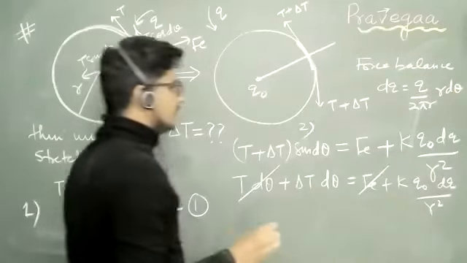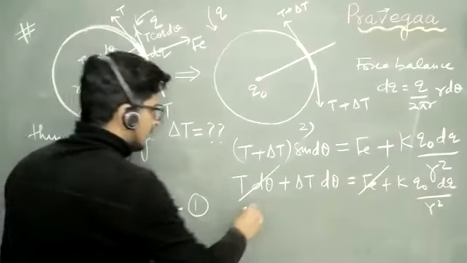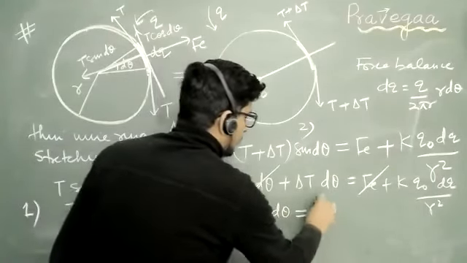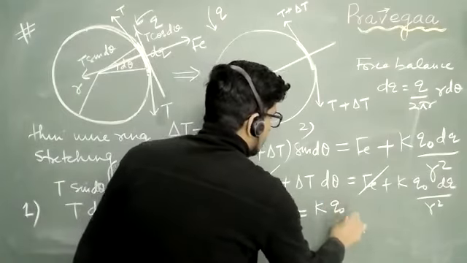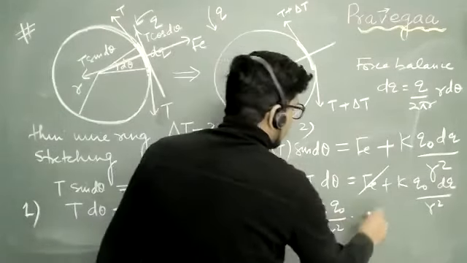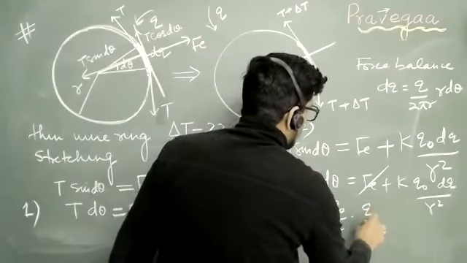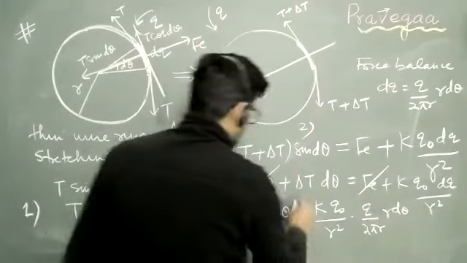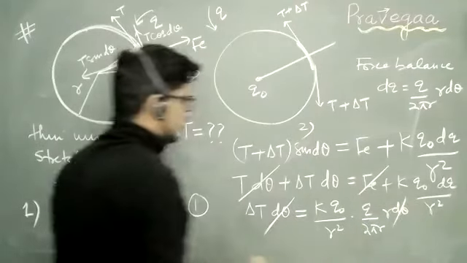Any confusion? तुरंत पूछना है भाई. So delta of T d theta will be equal to K Q naught, and what will be dq over r square? Q by 2 pi r into r d theta, and that small angle will be cancelled.